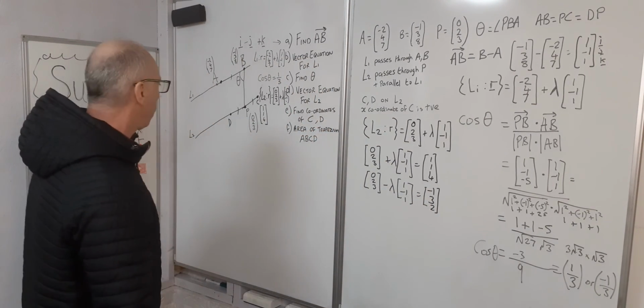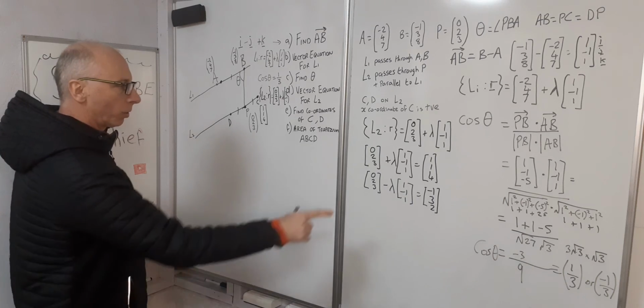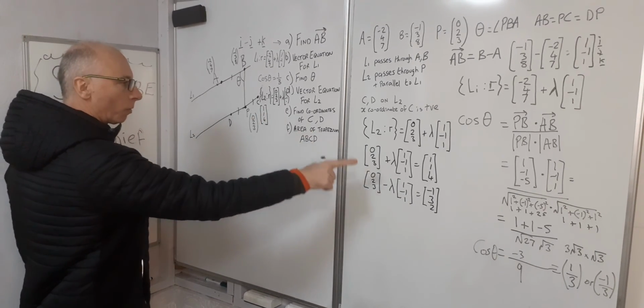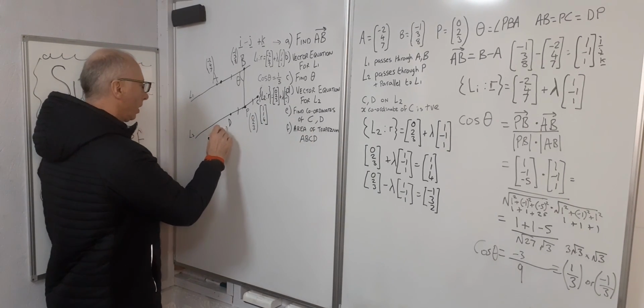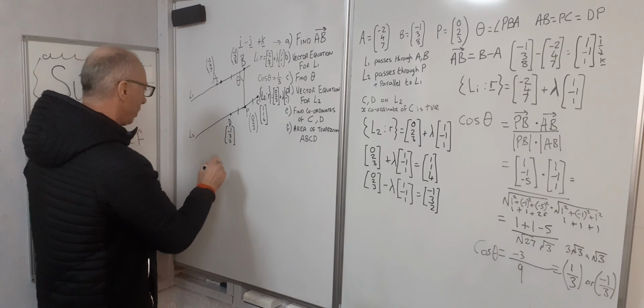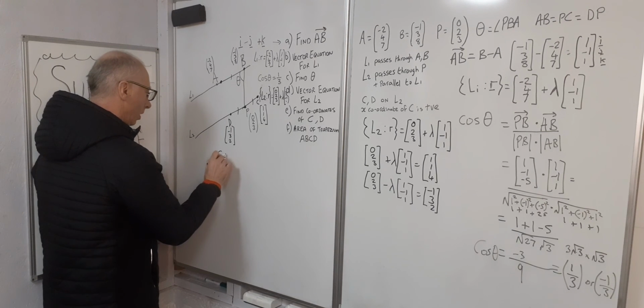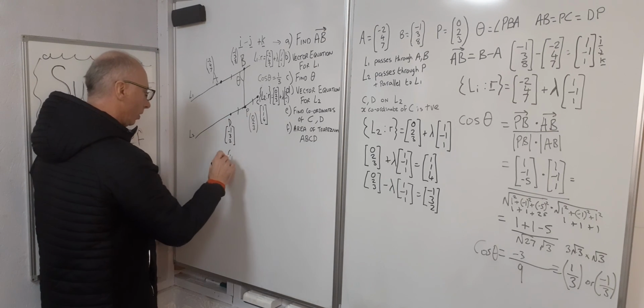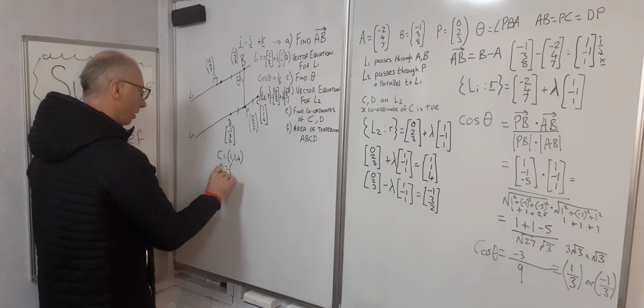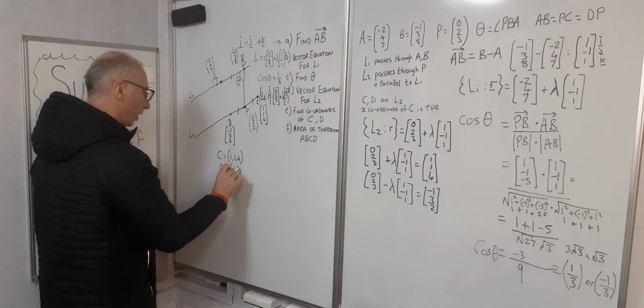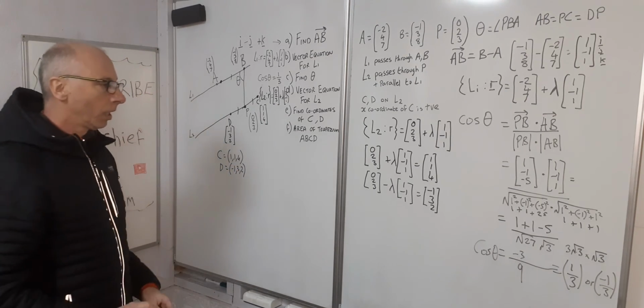Okay, so therefore the coordinates of C are 1, 1, 4, and the coordinates of D are minus 1, 3 and 2. Or we could write C is 1, 1, 4 and D is minus 1, 3, 2.